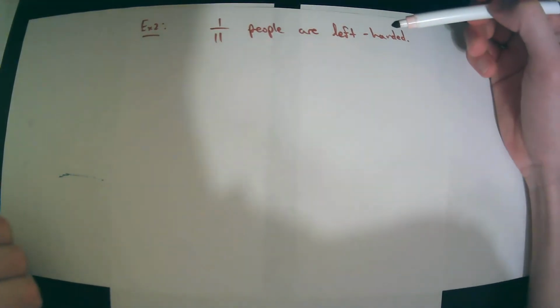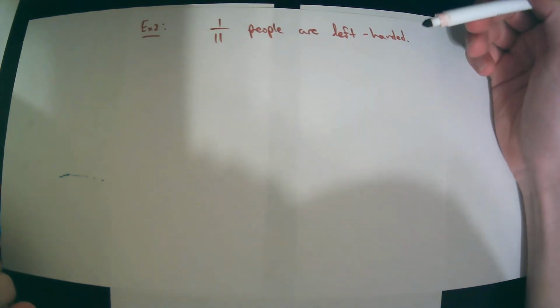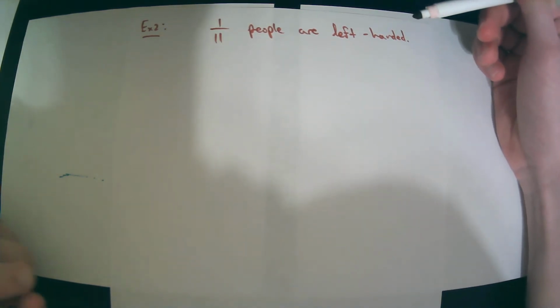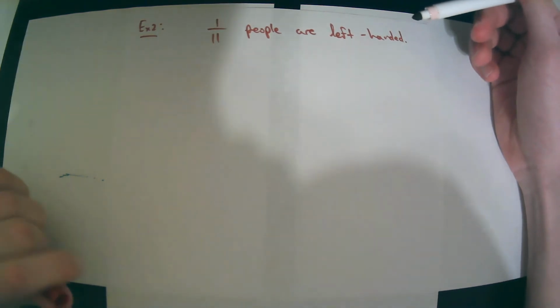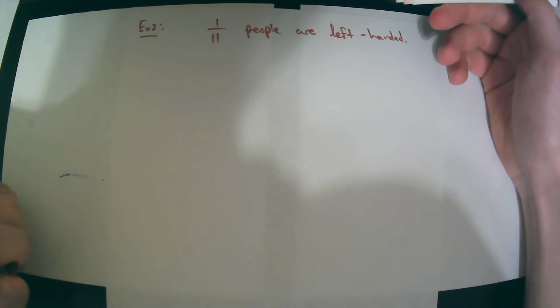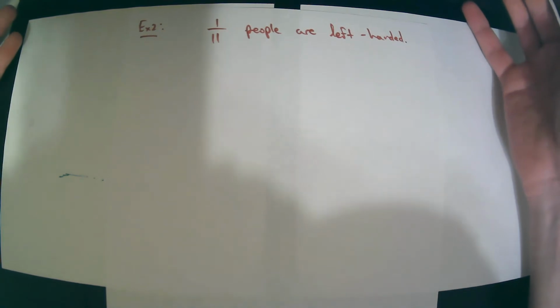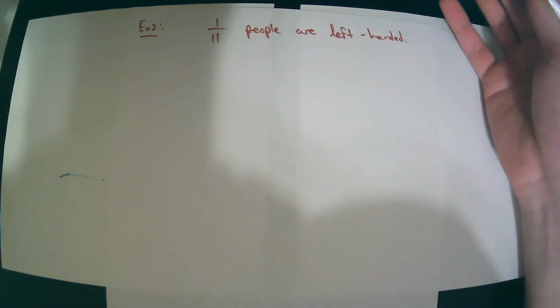And then the question is to estimate how many people in the room are left-handed. So clearly that's a problem I would typically use in an in-person class. Our class has roughly 35 people, so let's just assume that.